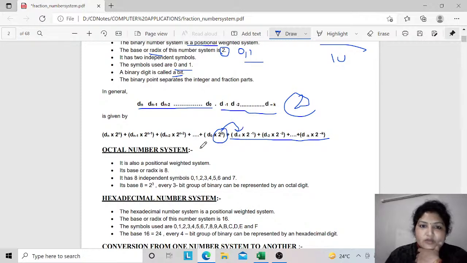It always starts from this side, right? Suppose I am taking any number, you can take any number, and you are converting it into a binary fraction part, right?